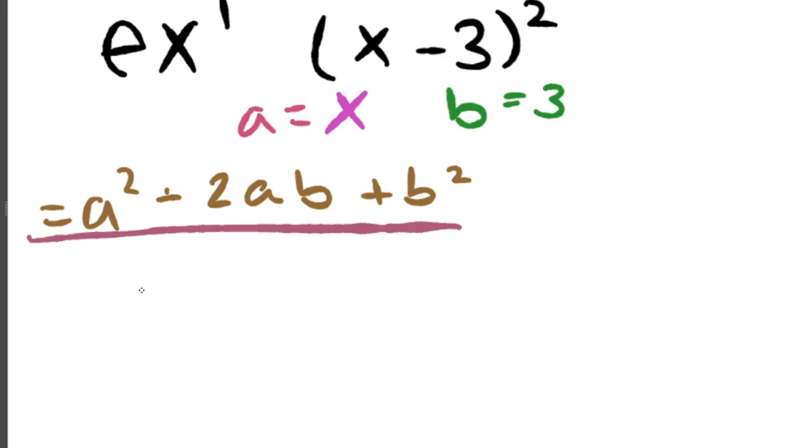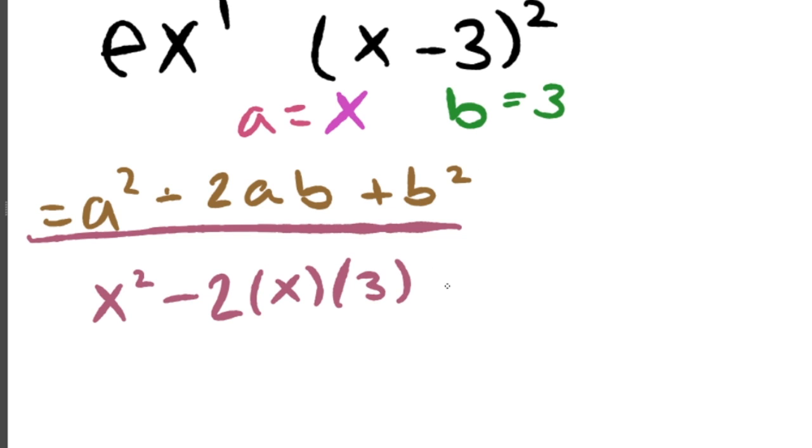So our a is x, so we'll have x squared minus 2 times a, which is x, times b, which is 3, plus b squared.